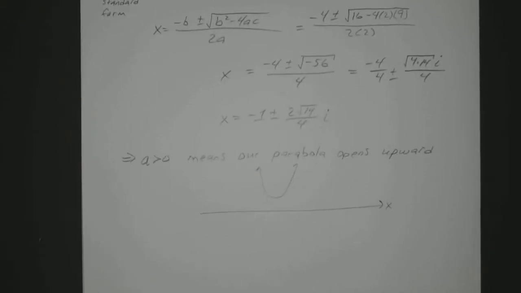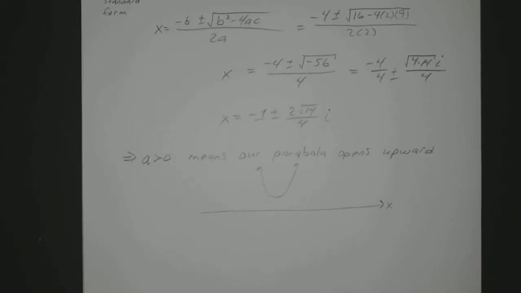Which means if you have your x-axis, this parabola is going to be above it, which means there's no solution on the x-axis. So whenever you solve it and you get a complex solution, then it doesn't have a real solution. So your answer would be no solution in this case.